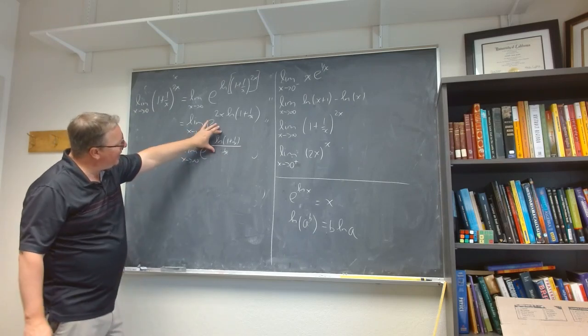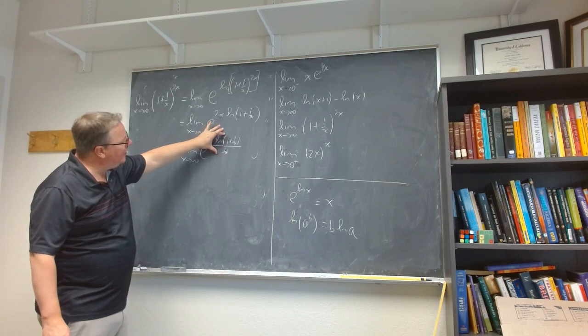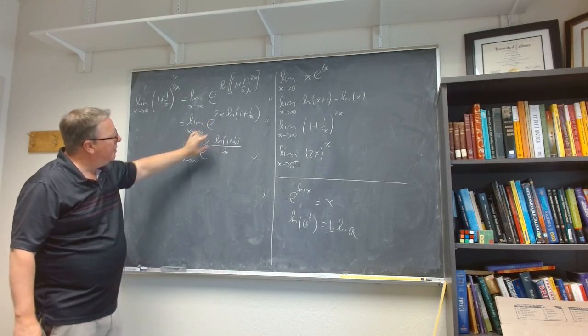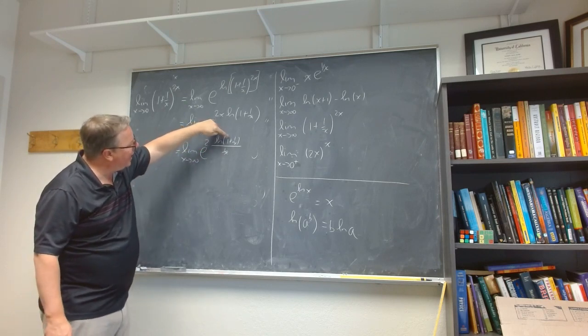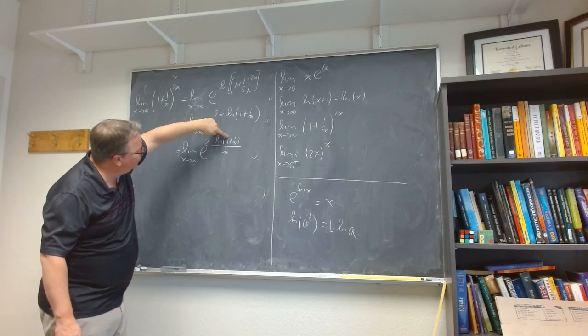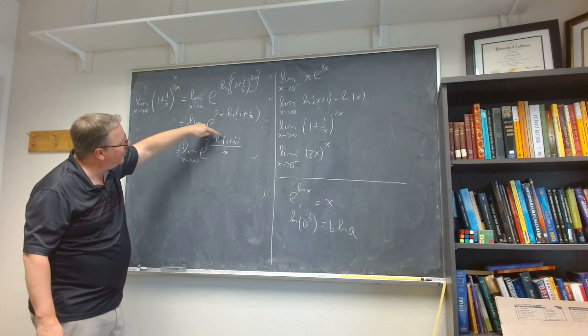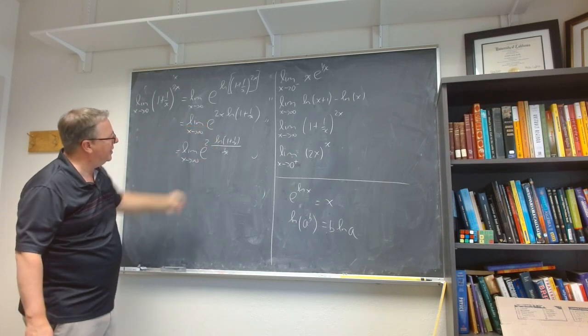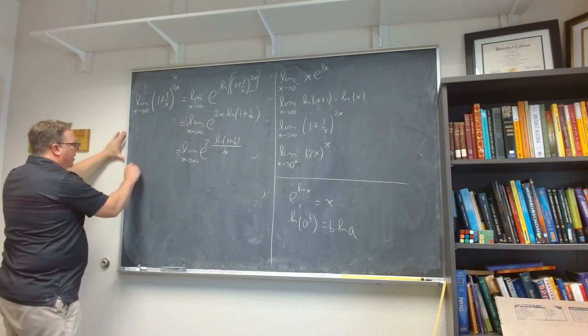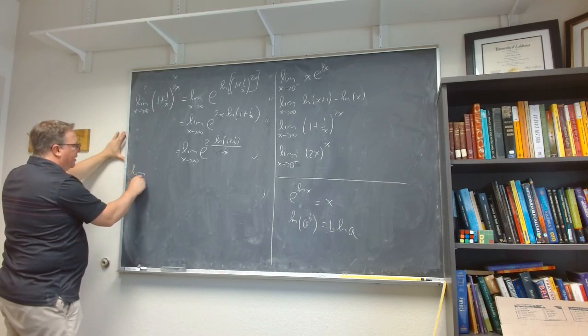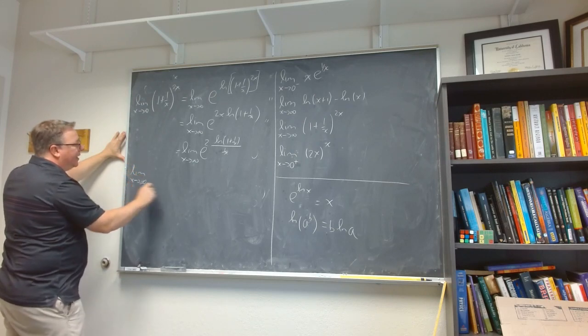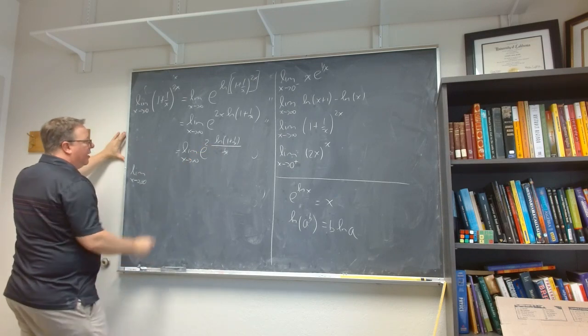Now for this piece, I can use L'Hopital's rule on, because this looks like the natural log of 1 divided by 0. Natural log of 1 is 0, so this is of the form 0 divided by 0. So the limit as x goes to infinity, let's just do this upper piece here.